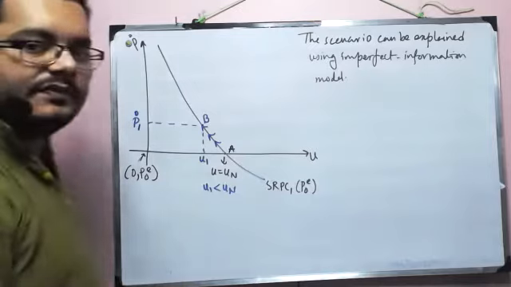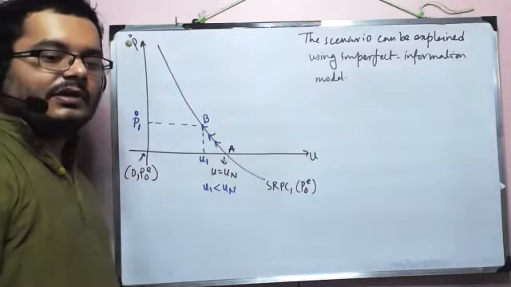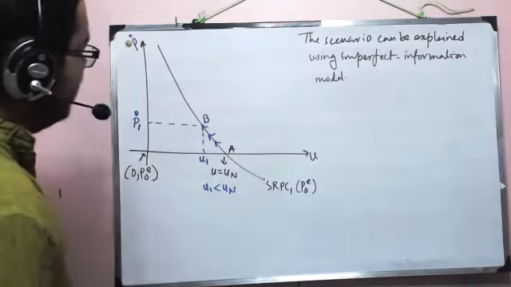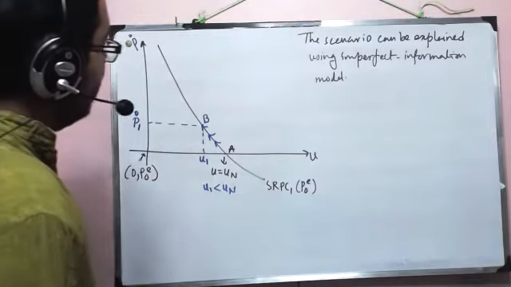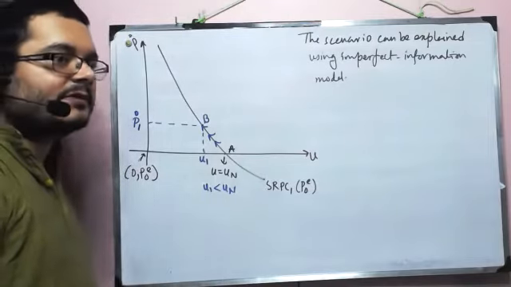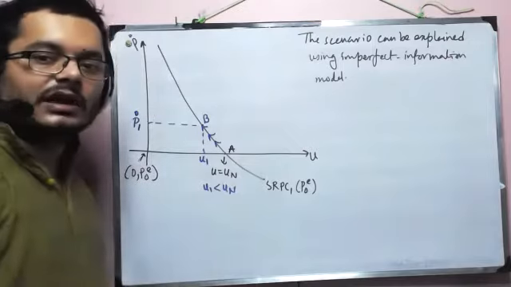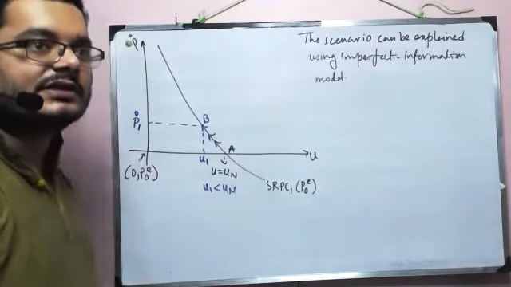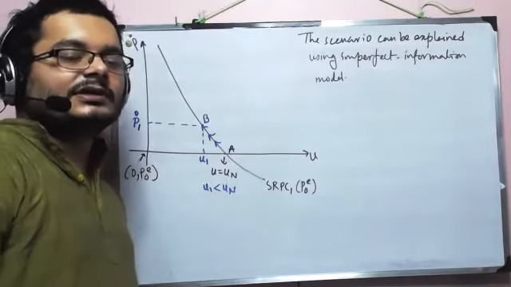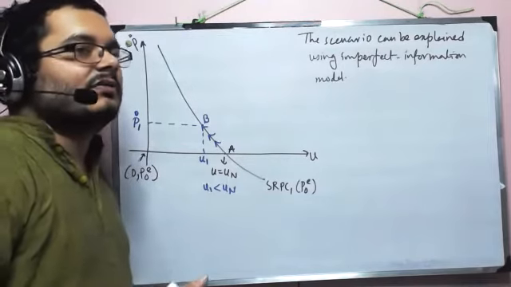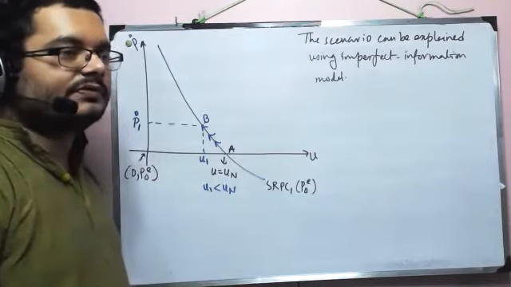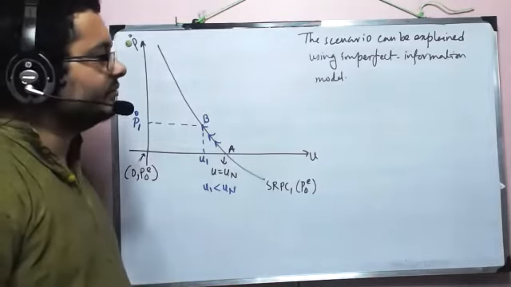So what was the idea of the imperfect information model? Basically, there is a problem of interpreting the information of a price rise. When price rises, you get confused between whether this rise is general or specific to your product. And when you think it is specific to your product, you start producing more instead of keeping it the same.